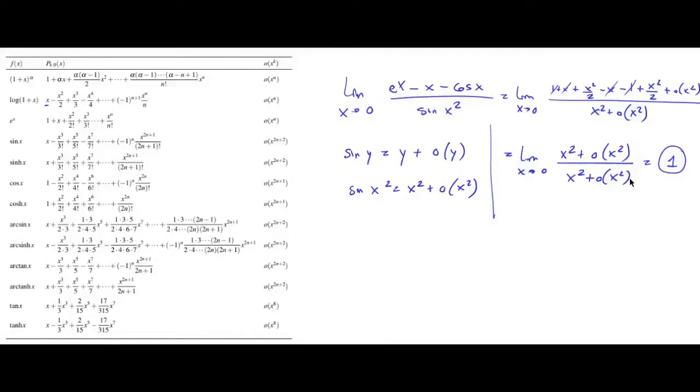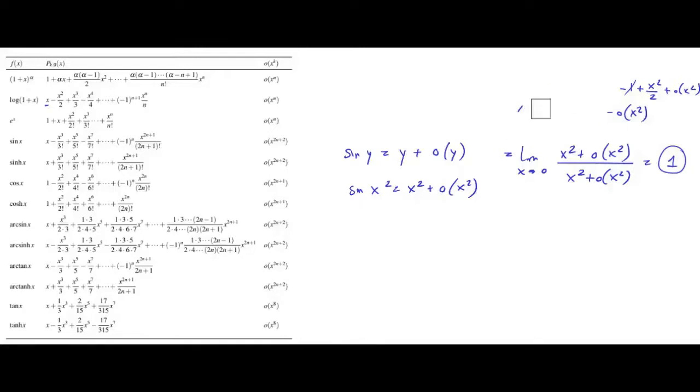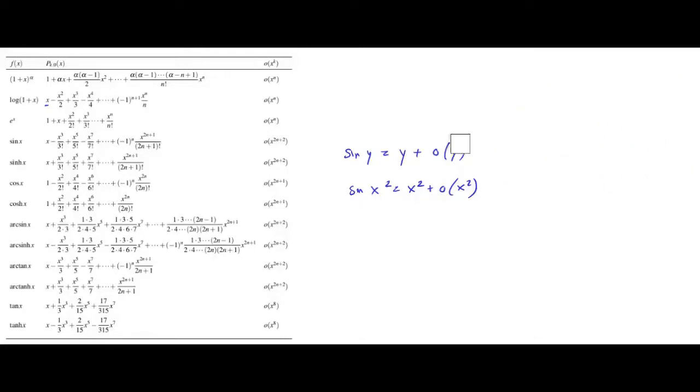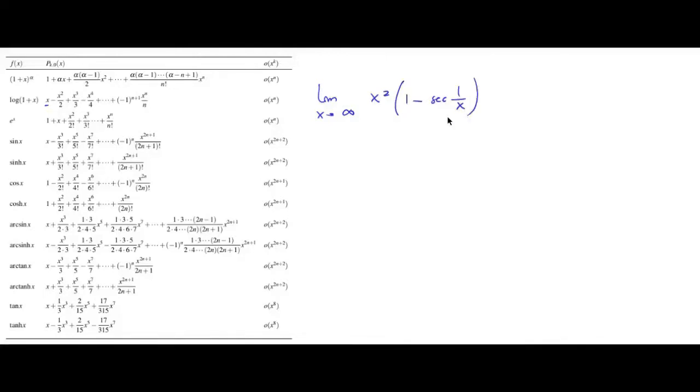Okay, let's see another one that's actually complicated. So here we have the limit when x goes to infinity of x squared times 1 minus the secant of 1 over x, right? And again, in many cases when we deal with limits when x goes to infinity and 1 over x, we can change the variable to y equals 1 over x.